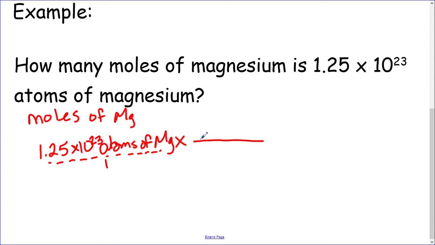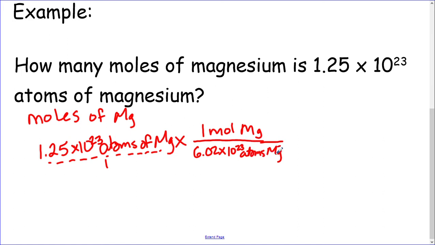And then I'm going to multiply this so that atoms cancels out and I'm left with moles. So if atoms are on the top, then atoms need to be on the bottom here. And our atoms in this case represent our representative particles. So I have 6.02 times 10 to the 23rd atoms of magnesium, and it takes that many atoms of magnesium to make 1 mole of magnesium.